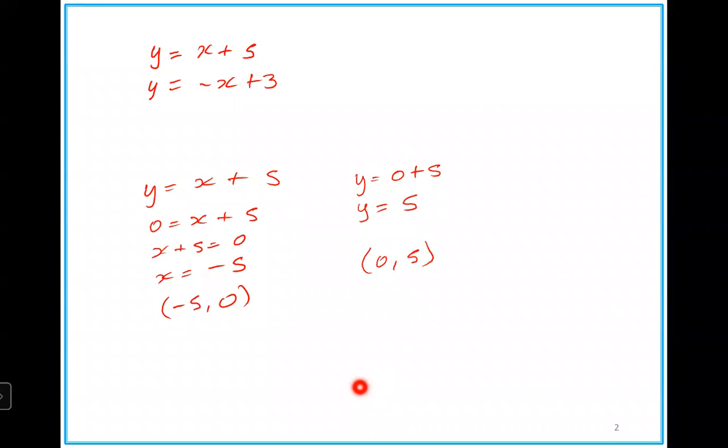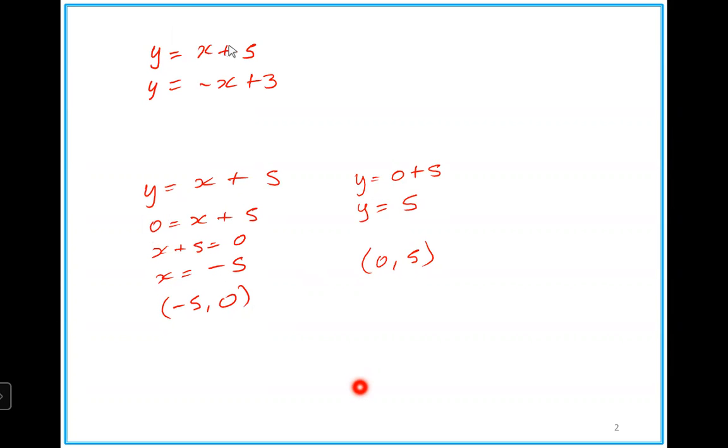So you'd go on your graph and you'd plot, after you label and draw your axis, you would plot negative 5, 0, and then you would plot 0, 5, and you join them together to make the line for this first equation, which is y equals x plus 5.